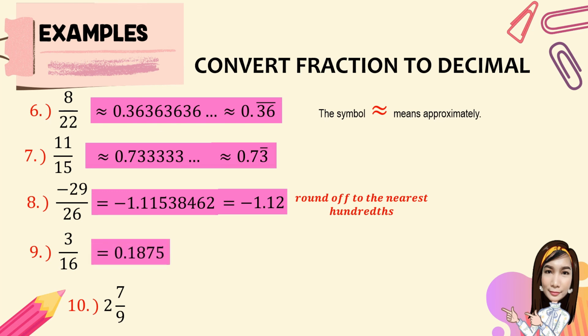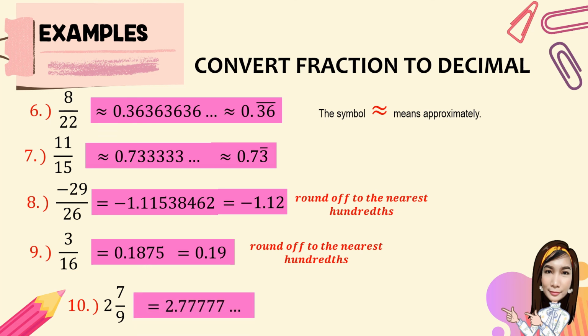That is equal to 0.1875, or 0.19 if we are going to round off to the nearest hundredths. For number 10, we have 2 and 7/9. That is equal to 2.7777 and so on. Or 2.78 if you're going to round off to the nearest hundredths.